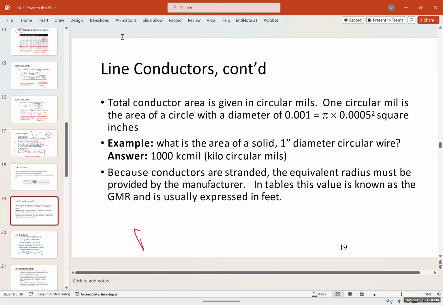And as you know, the area is pi d squared over 4, so this equation comes from here. And this is in inches, by the way. What is the area of a solid 1-inch diameter circular wire? The answer is 1,000 kilo circular mils.